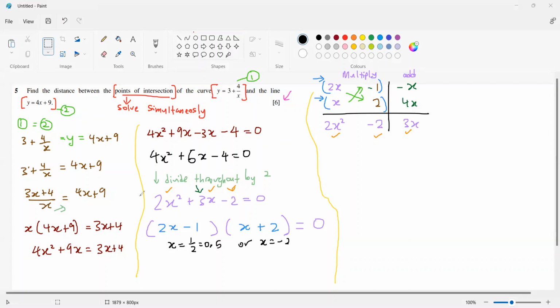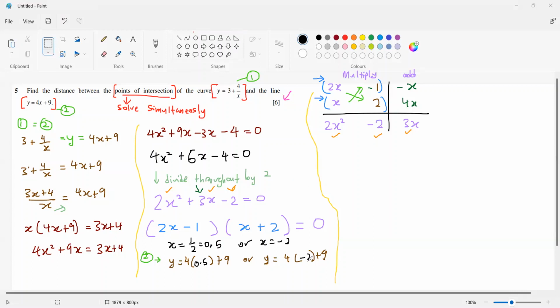We want to find the value of y accordingly. We can substitute back into either one of the equations. Let's put back in equation 2 because it's a bit easier. So y equals 4 bracket plus 9, where the x is to be replaced in the bracket. So the x is either 0.5 here or -2 here.